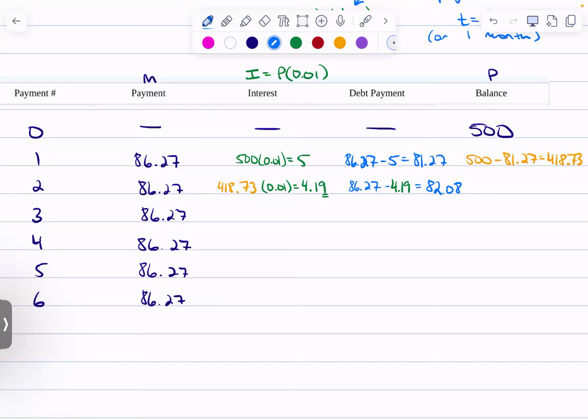Now from the previous balance, 418.73, I can take away 82.08.